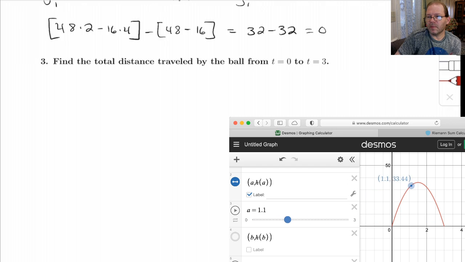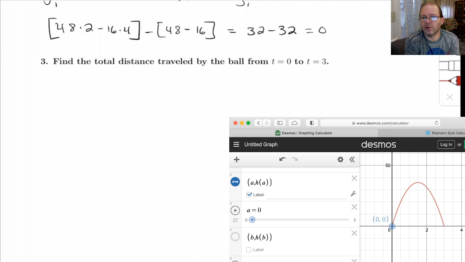Going up, it reaches a maximum height of 36, and then it goes back to 0. So you can see it goes up 36 and then down 36. So the total distance traveled from 0 to 3 is 36 plus 36, which is 72. So we can just answer it like that, 72.